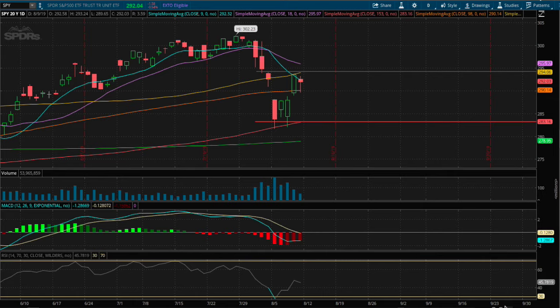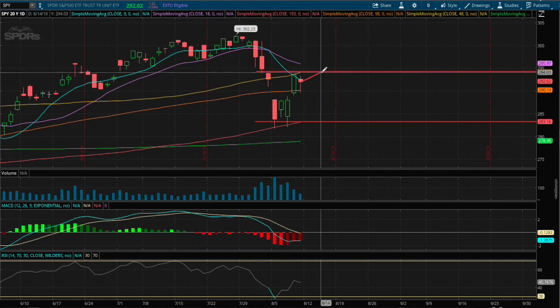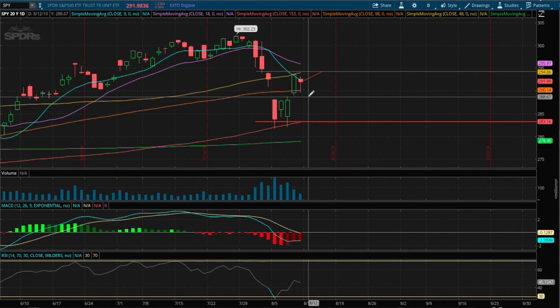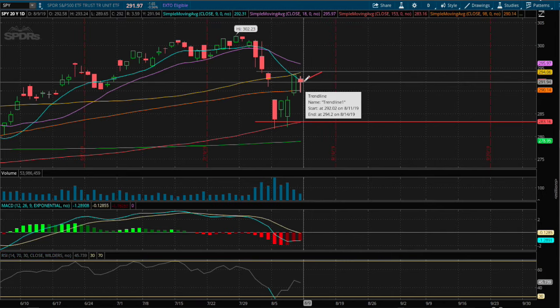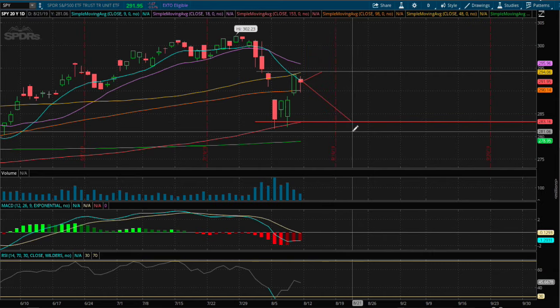So if we were to move on higher, that price movement is roughly around 75 basis points, so not much of a movement to upside. And if we were to continue to move down lower, that price movement is roughly 3%.